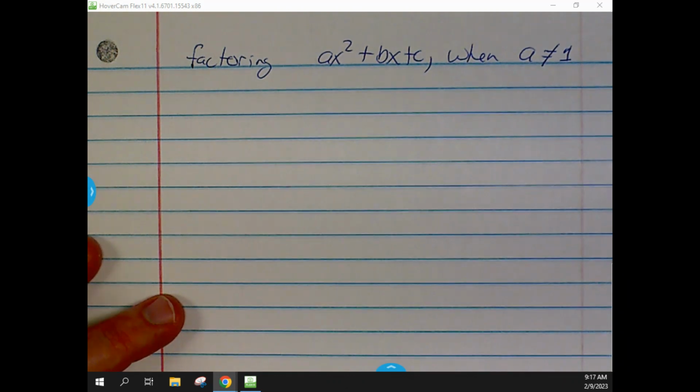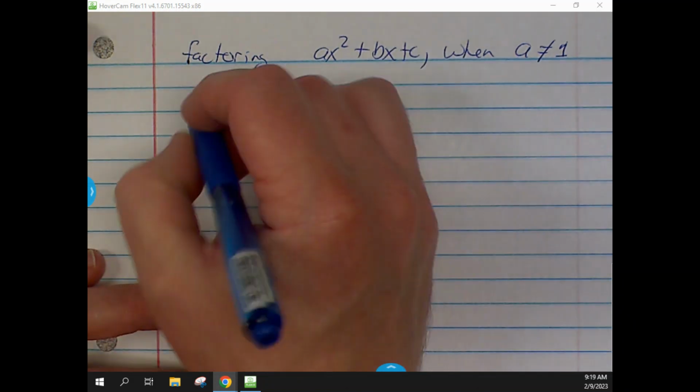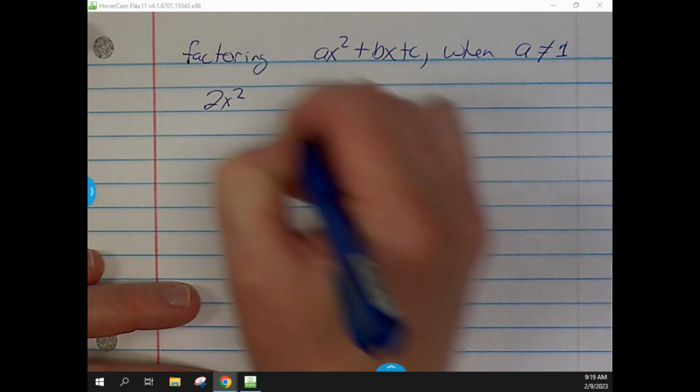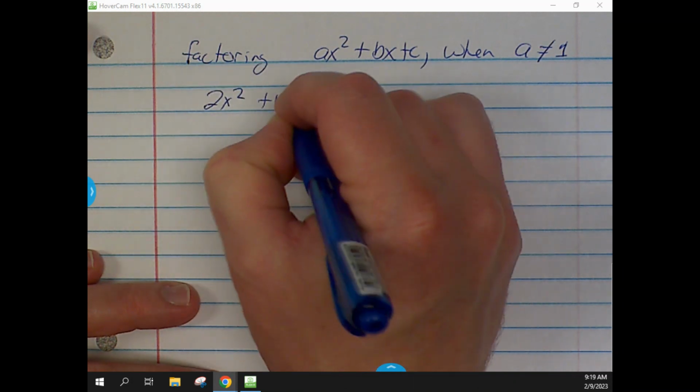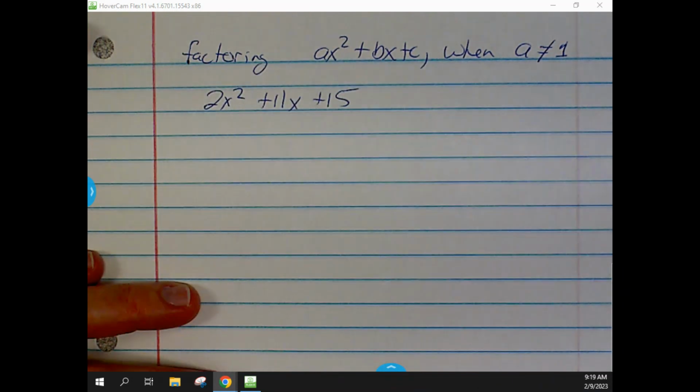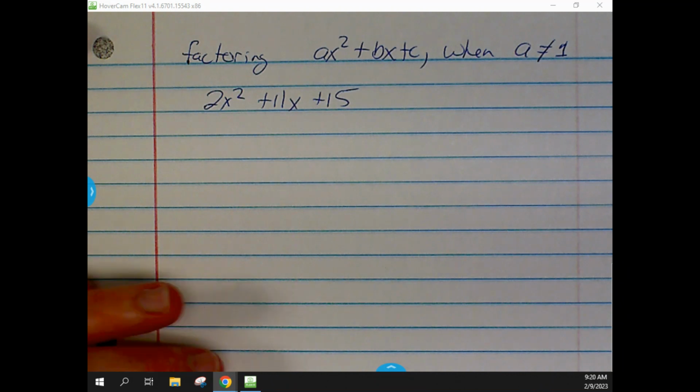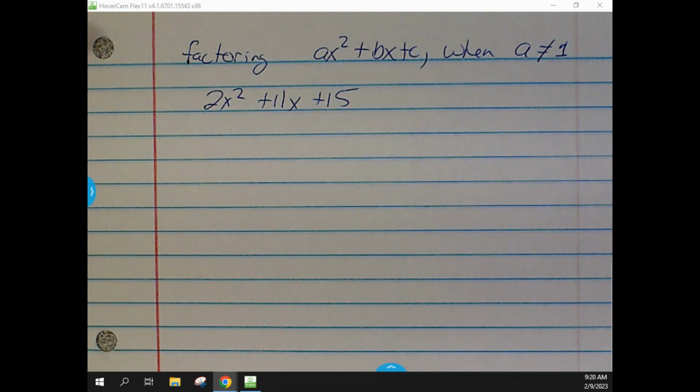So still sticking with this same thing when a doesn't equal 1. Okay, so one more positive number. Let's do 2x squared plus 11x plus 15. And then we'll throw in some negatives just to see how it feels with the negatives in there.